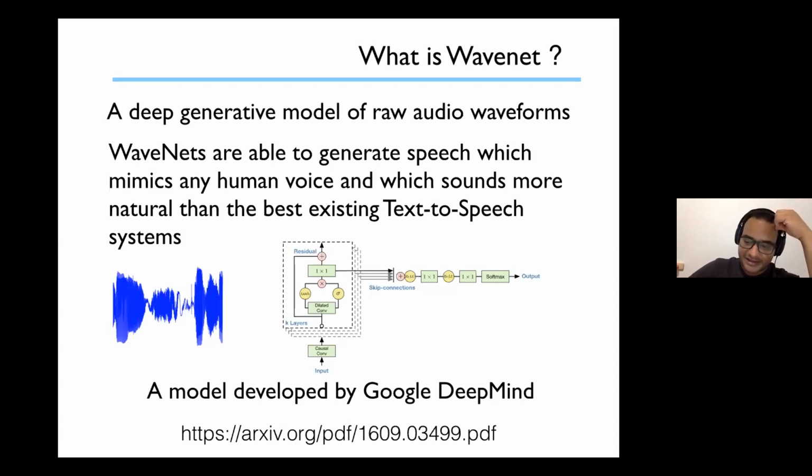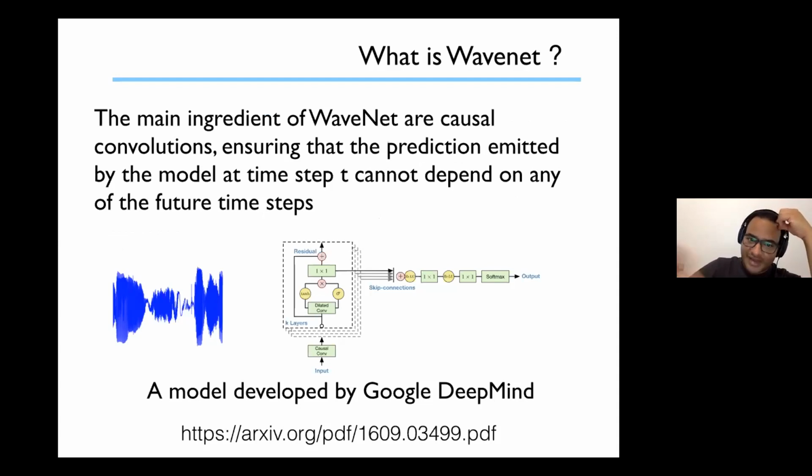And it indeed did. One of the main ingredients of the Wavenet model is actually what are called the causal convolutions. What that means essentially is these are convolution neural networks, one-dimensional. You can think of them as one-dimensional.